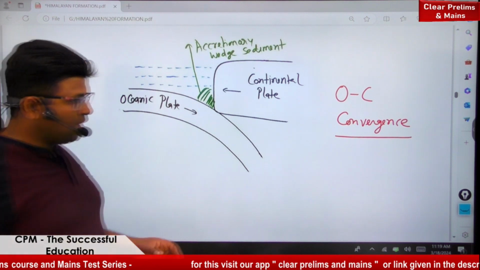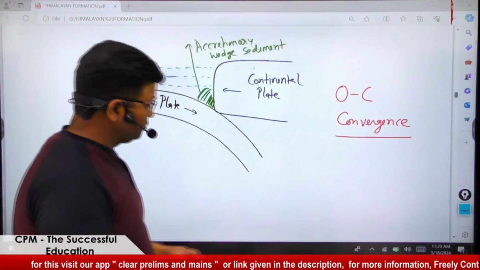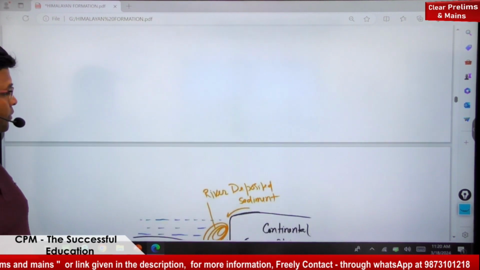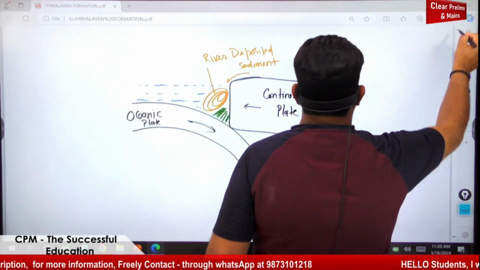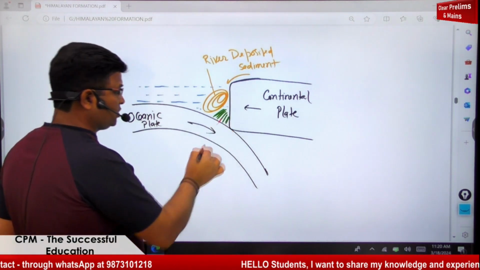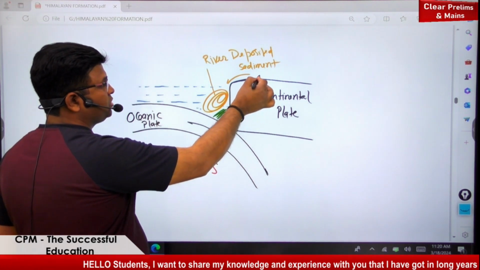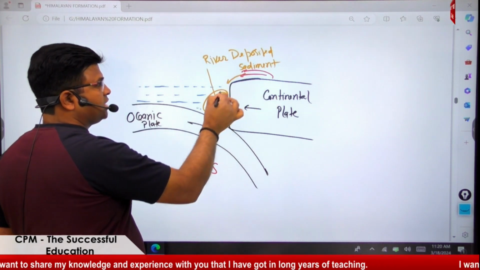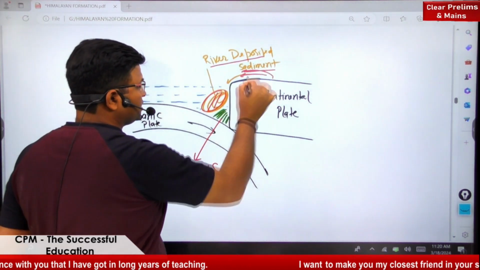Now, another point that we are going to see here. When accretionary wedge sediment is forming along this subduction zone, at the same time, from the continent side, rivers are also depositing sediments, and these are known as river deposited sediments.